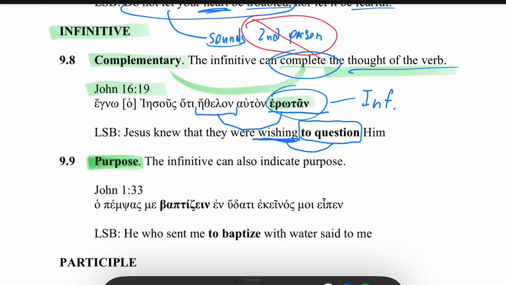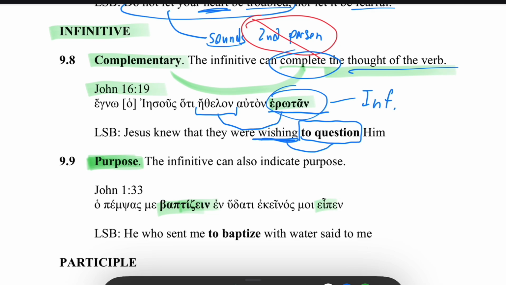John 1:33. Ha pempsas me baptizein en hudati ekenos moi apen. So, the one who sent me to baptize in water or with water said to me.